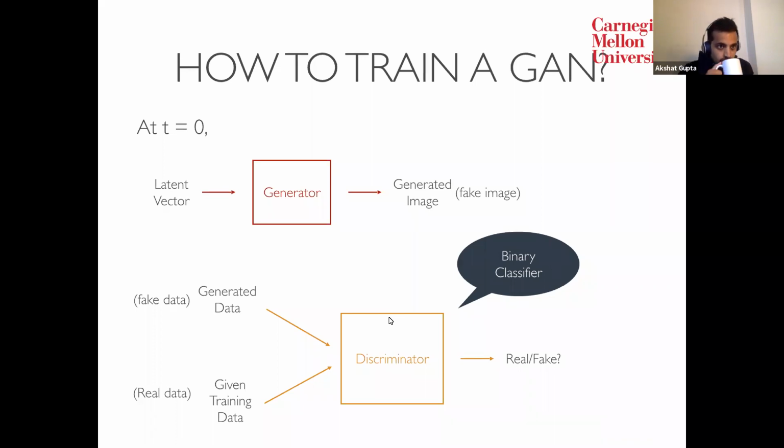In terms of what these networks are, the discriminator is just a binary classifier which classifies images into two classes: real data, which by definition is our given training data, and fake data, which by definition is anything that is generated from the generator.